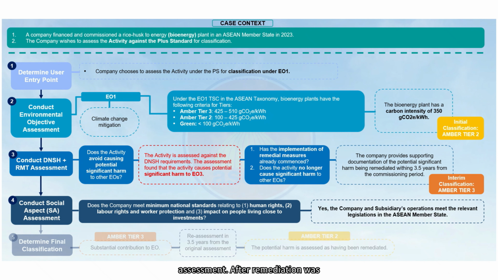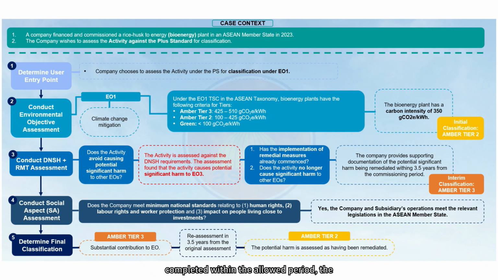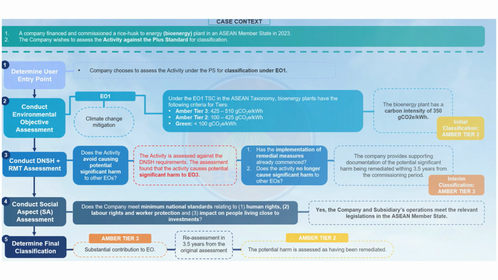After remediation was completed within the allowed period, the project will achieve its final classification as Amber Tier 2 under the Plus standard. This case illustrates how the ASEAN Taxonomy, and in particular the Plus standard, can be integrated into financing strategies across the region. It highlights not only the technical robustness of the framework, but also its practical role in driving Southeast Asia's sustainable transition.